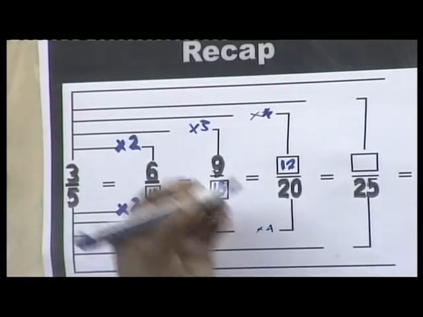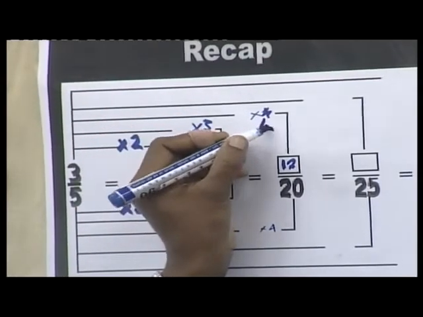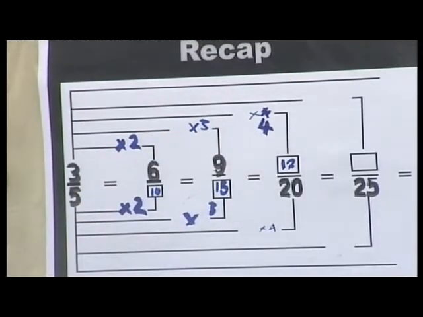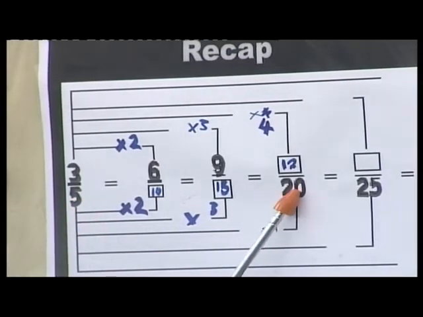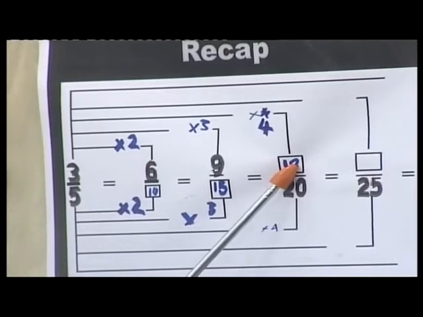So I will write that up at the top. It's supposed to be 4 times 4, the same as the bottom number. 5 times 4 is 20. Because 20 is already given, it's easier now for you to work out the top number.